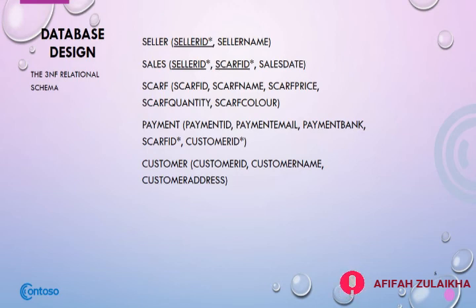For sales, seller ID and scarf ID are both primary key and foreign key. For scarf, scarf ID is the primary key for table scarf, and customer ID is the primary key for table customer. For table payment, payment ID is the primary key, while scarf ID and customer ID are both foreign keys.